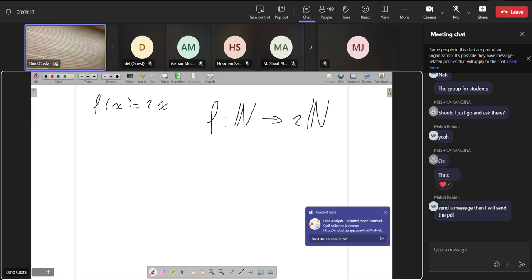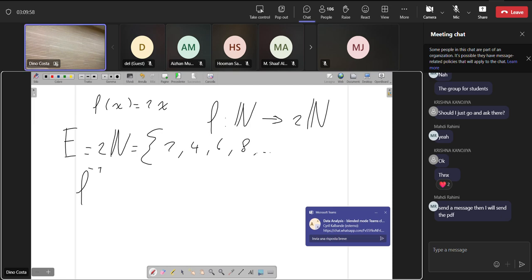The set 2N is defined this way: the set of even numbers. 2N is exactly, as in the first part of our lecture, 2, 4, 6, 8, and so on. Now this function is injective and it is surjective, so it can be inverted.